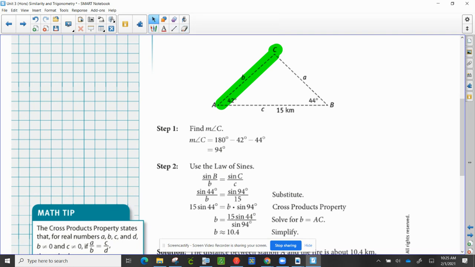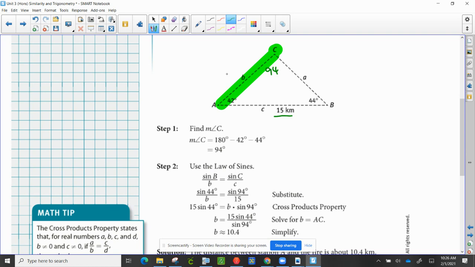Now, when we have a triangle, and we know it's 42 and 44, we can use our law of the 180 degrees to find that missing angle. If you're given two angles, I would always find the third one, but they have 94 for that. So to use this law of sines, they're going to use angle C and side C, because they have those.